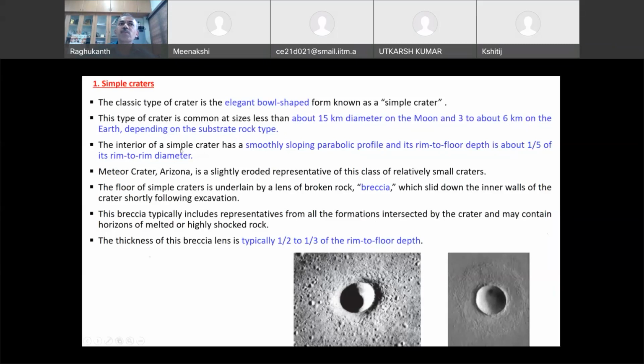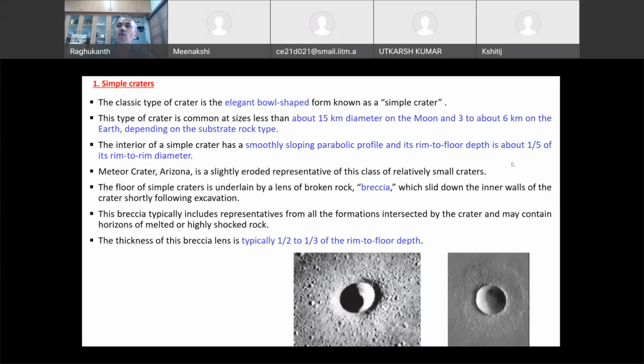The interior of the simple crater has basically a smooth, parabolic profile, and there is a rim-to-floor depth. From here to here is the rim diameter, that apparent diameter we discussed here. For the floor depth, people have measured and done simulations from the geological data.